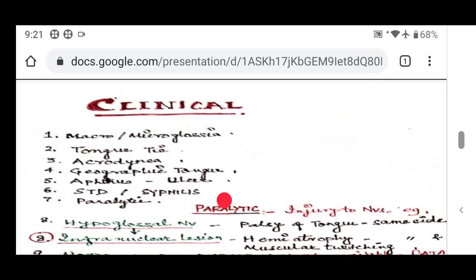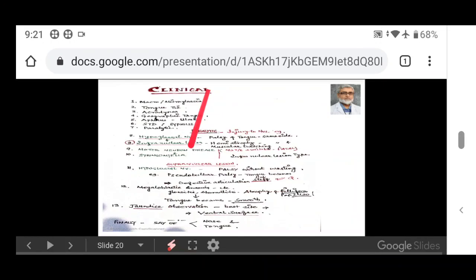This state is microglossia or macroglossia. In almost all the developmental stages, the tip of the tongue is free, but it is not free in all cases. Now come over to the clinical pictures.